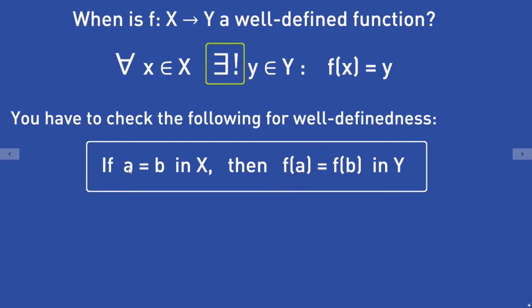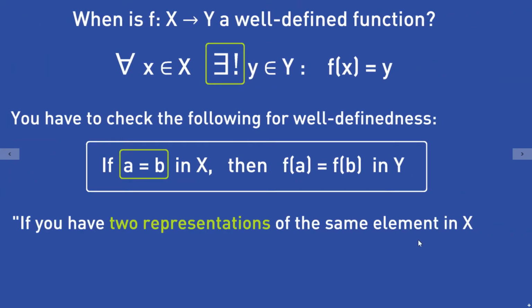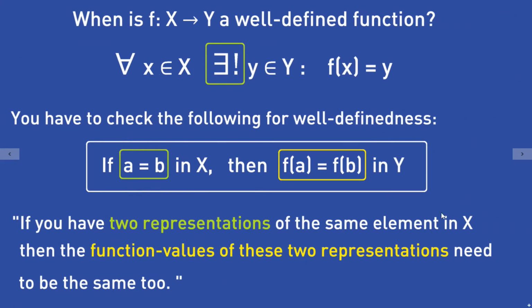So if a is equal to b in the set X, then f of a has to be equal to f of b in the set capital Y. Or in other words, if you have two representations of the same element in X, then the function values of these two representations need to be the same too.